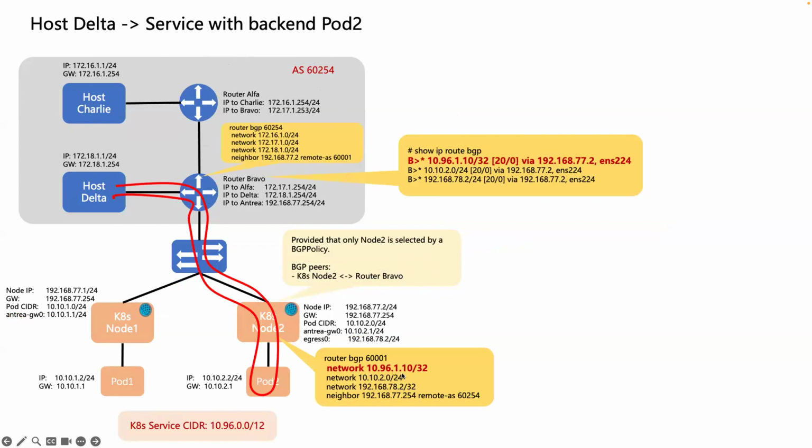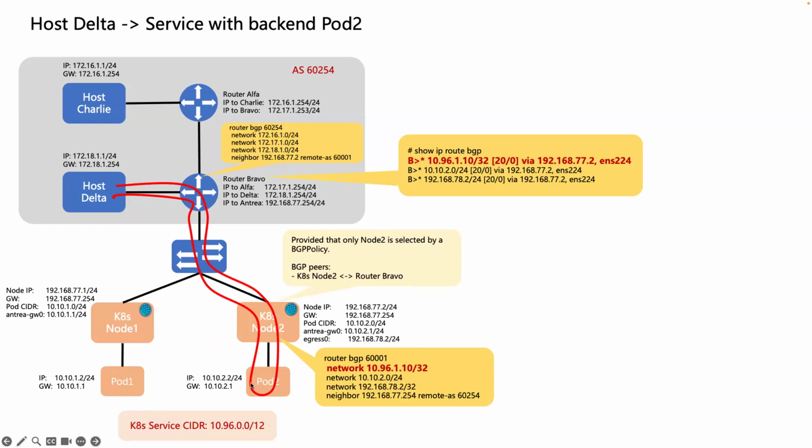Then the service IP will be advertised to the remote router, and the remote router will learn the service IP. For the request packet, the packet will go to the router, then go to Kubernetes node 2, and do DNAT to pod 2.